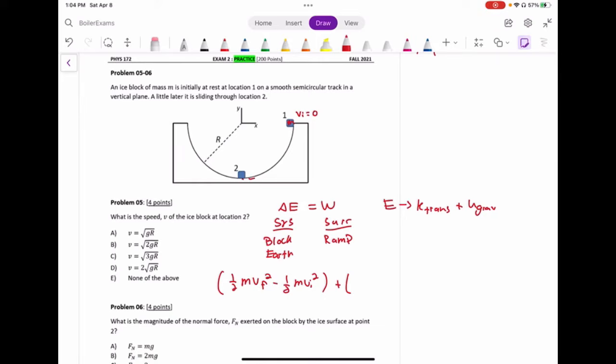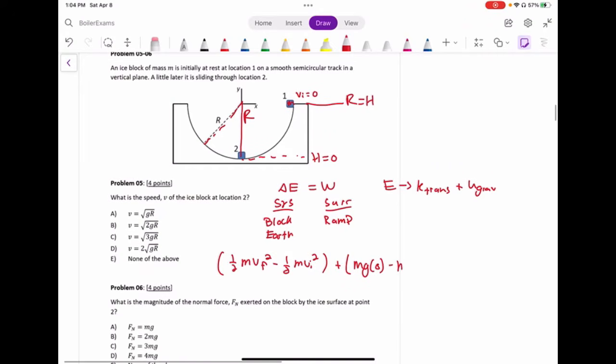Let's call this h equal to 0. Oh, and we have a radius. So we know this radius is r. We can call that height r. So finally, at the final position, we are at a height of 0, minus mg. Initially, we're at r.